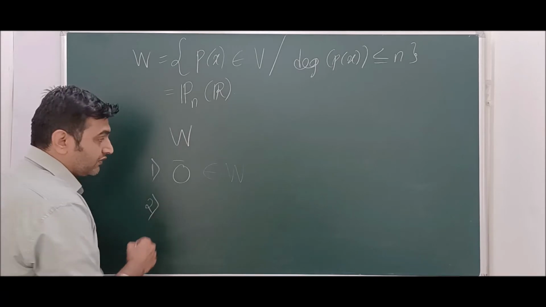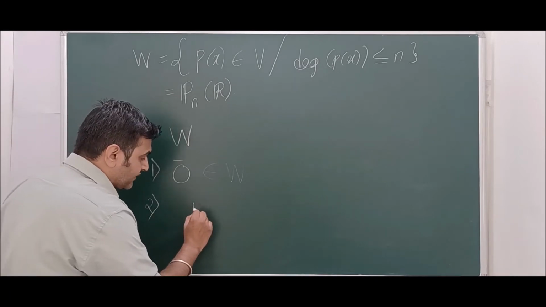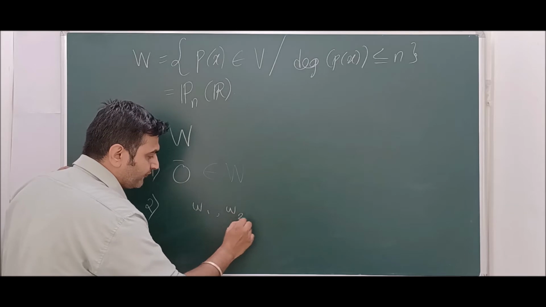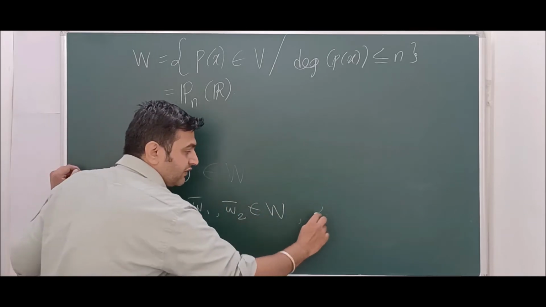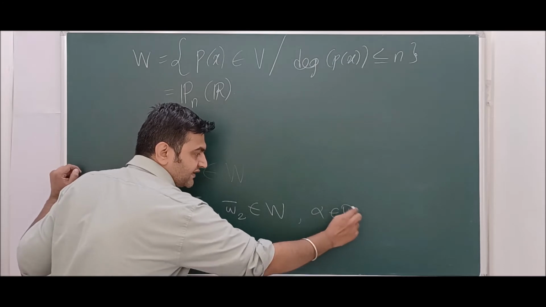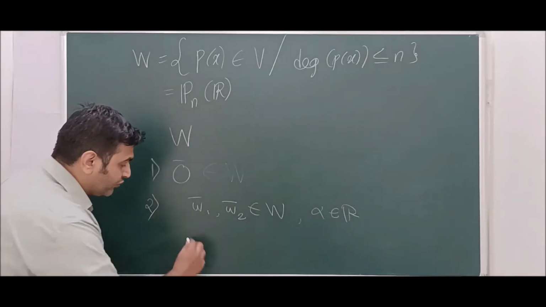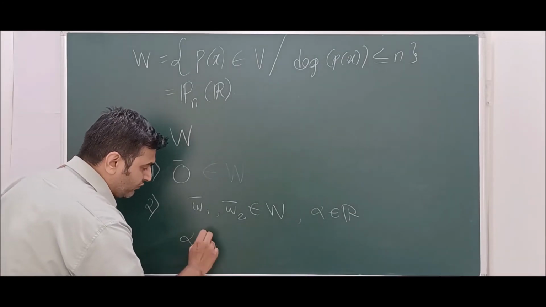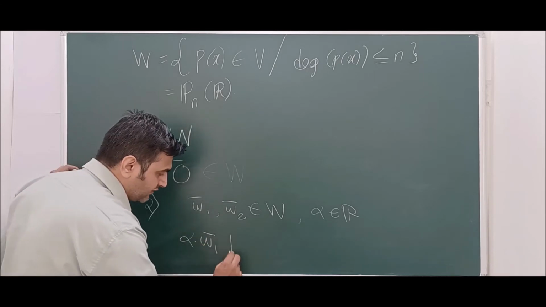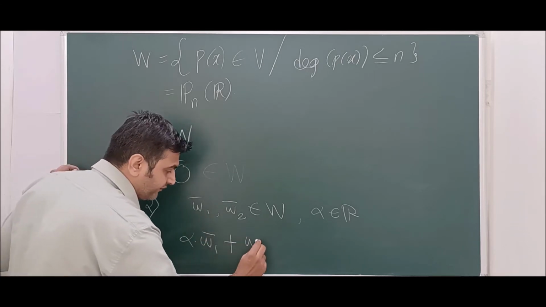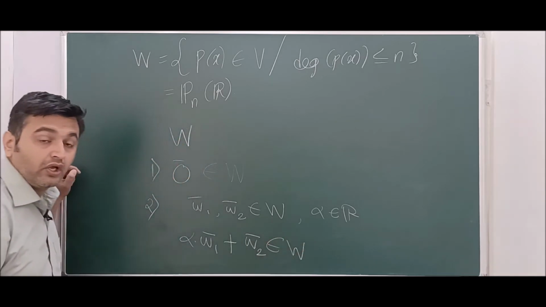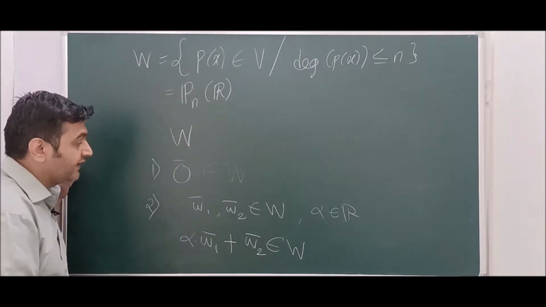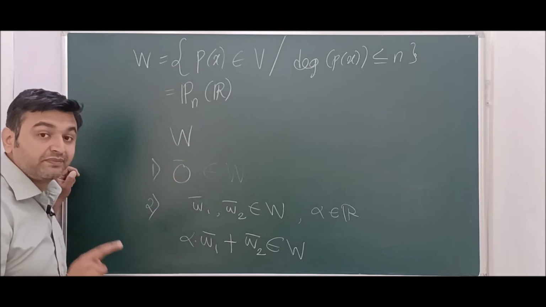And the second, you take any two vectors, say w1 and w2, from the subset, and you take alpha belonging to your field, in this case the real numbers. Then you show that alpha times w1 plus w2, scalar multiplication and vector addition, this linear combination belongs to W. Once you show this, your subset forms a subspace.